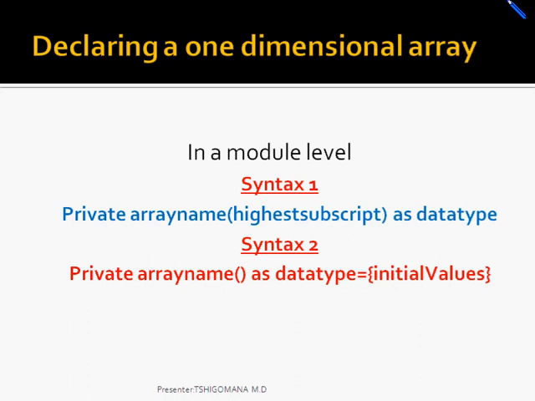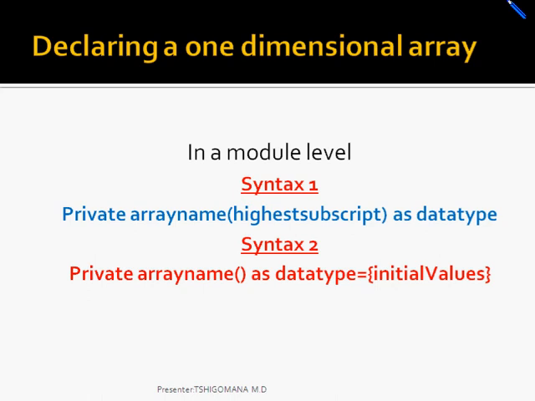How do we declare a one-dimensional array? Now, there are two ways here. Either you declare an array at module level, or you declare an array at procedure level. Where is the module level? When we talk of module level, we're talking of an area just below Public Class Form1.